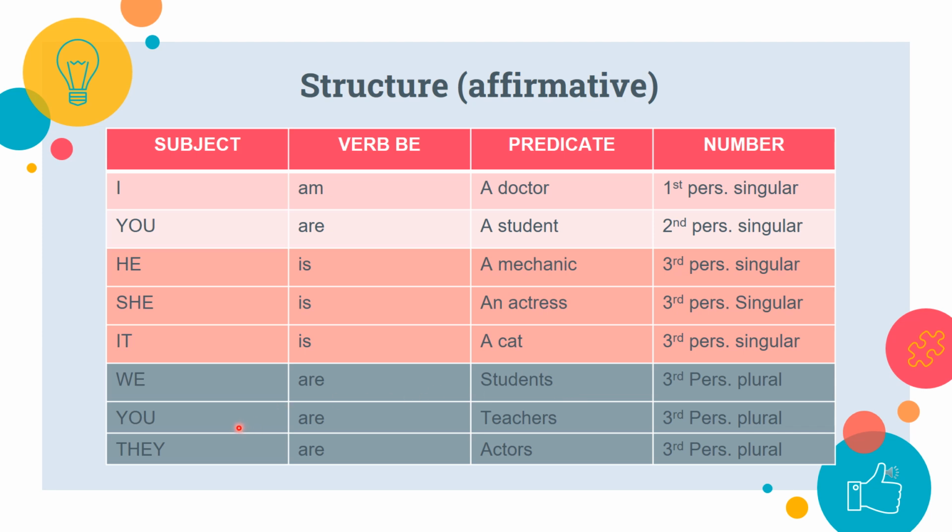In the second example of plural form, we have you are teachers. Teachers is in plural. So we can differentiate with you are a student, where a student is one person, and teachers is in plural. And finally, they are doctors, that is plural again.